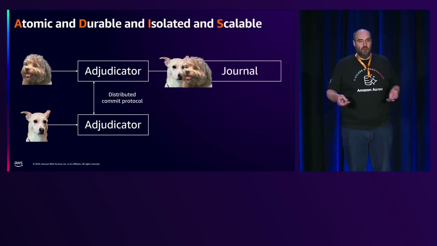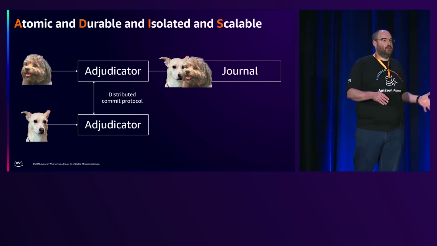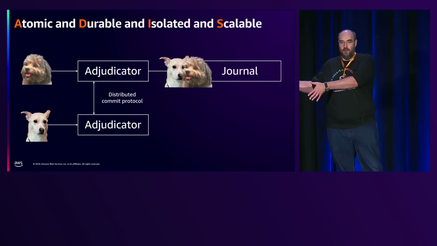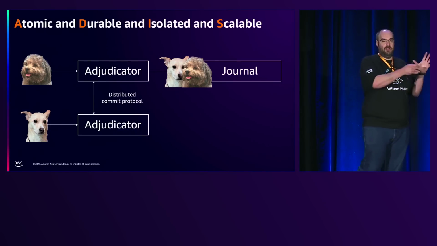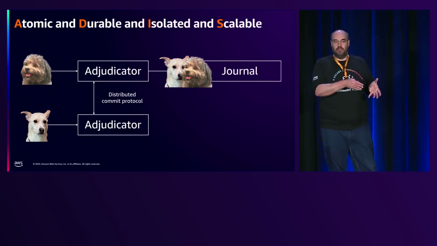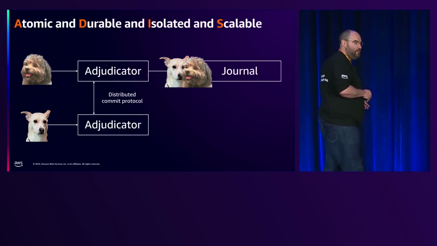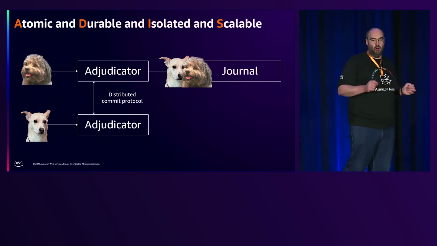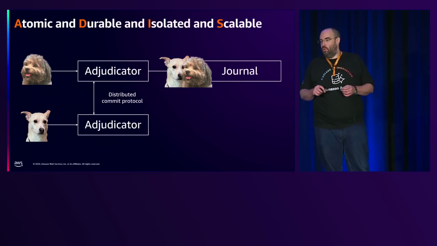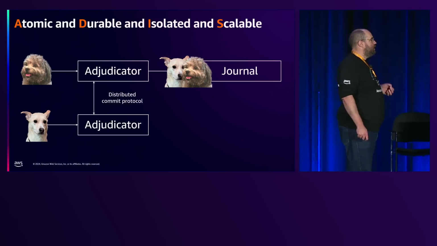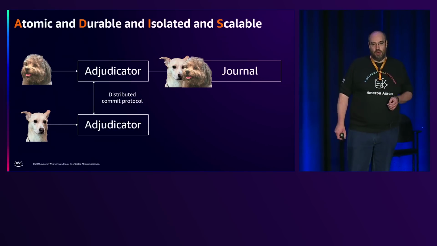But unlike with most databases, we don't partition the key space in the adjudicator the same way as we do in storage. We can choose key space partitions in the adjudicator that are optimized for this task of detecting transaction conflicts and reducing how often multiple adjudicators need to work together. But when they do need to work together, they work together using a distributed commit protocol.